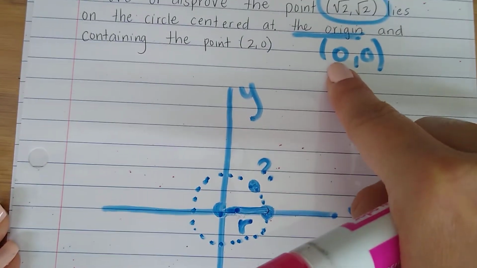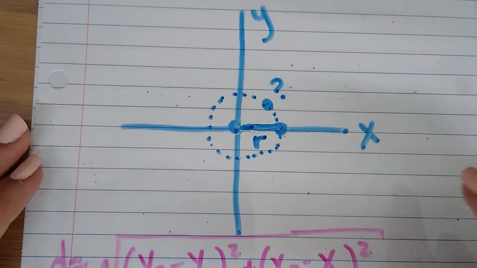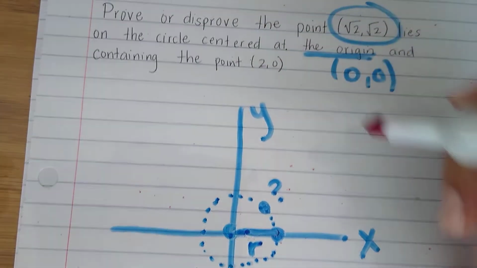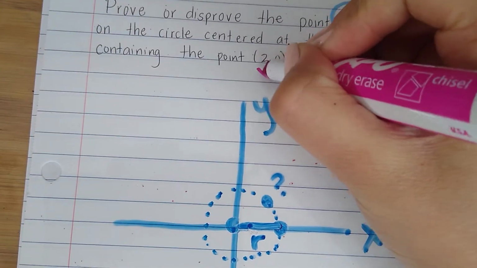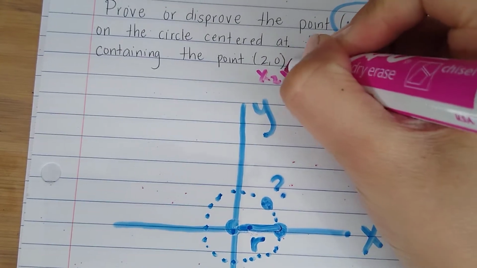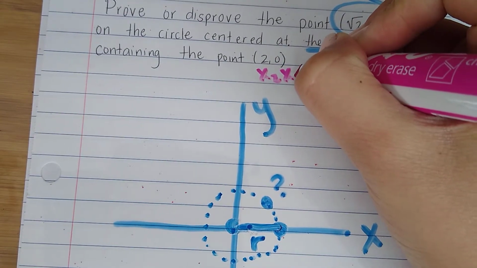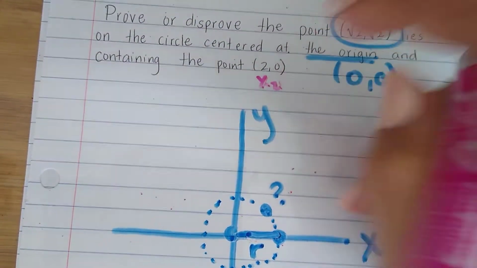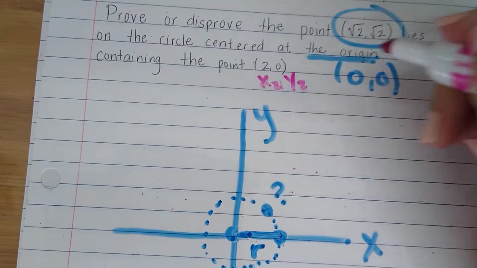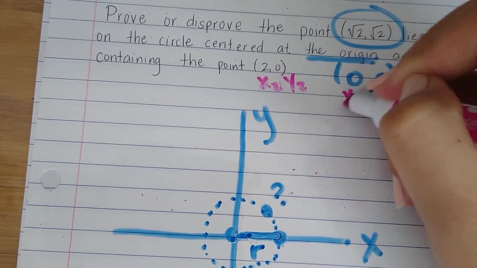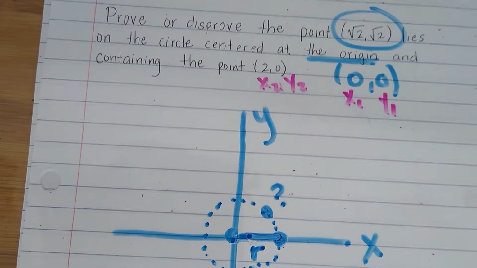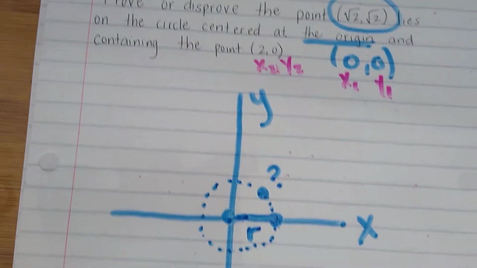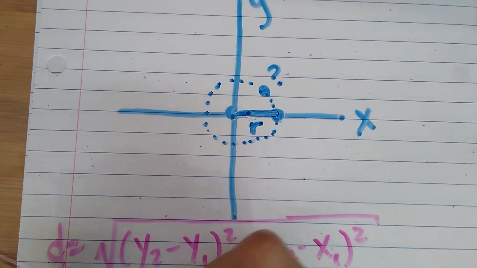So I have the origin 0, 0 and 2, 0. I'm just going to say that this is x2, y2, and this is going to be x1, y1.